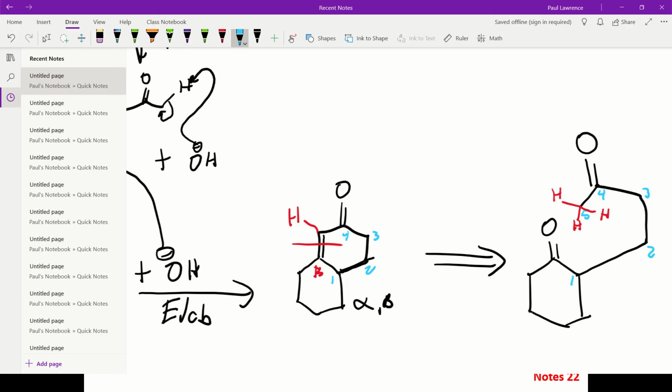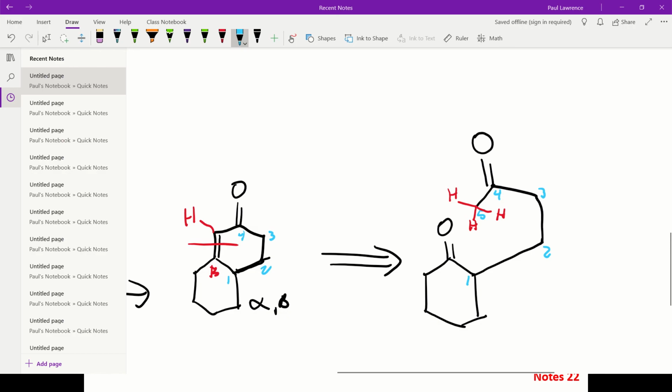Okay, got that so far? Then the next step is we have to break this bond right here. And what I'm looking at now is that this right here is an alpha carbon, and that would be beta. Carbon 2 is beta to the blue alpha.